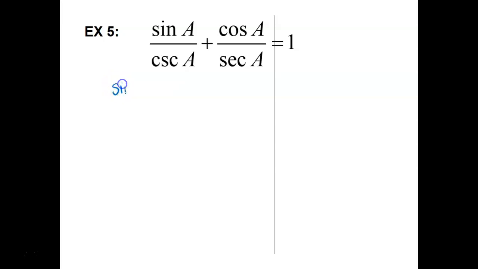So I'll have sine A over 1 over sine A plus cosine A over 1 over cosine A.